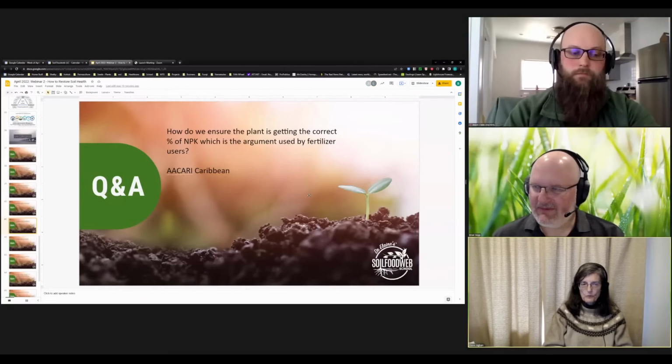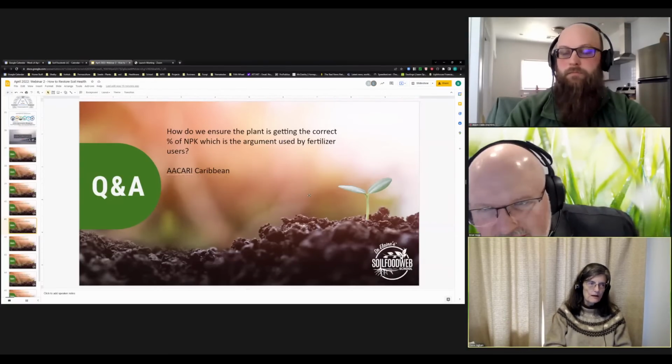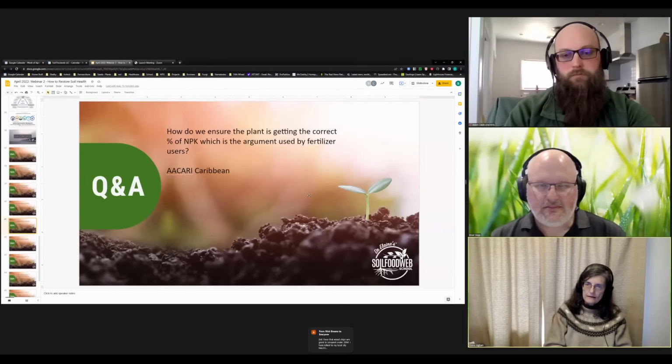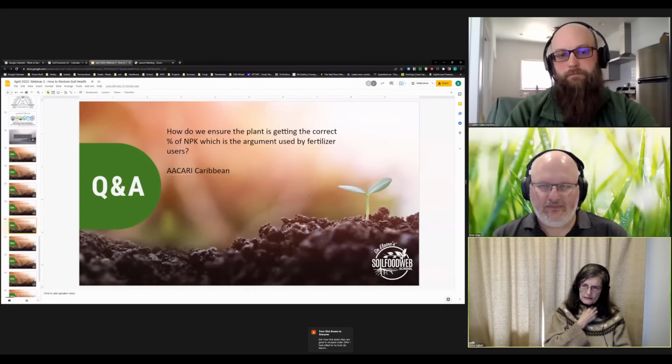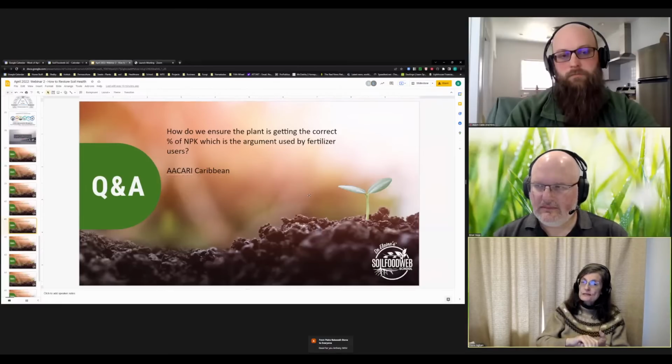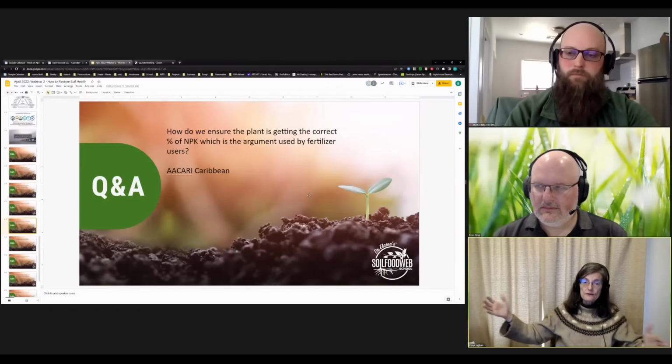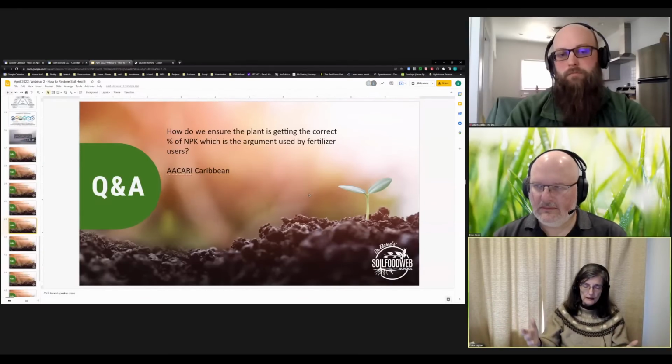Yeah, the way you ensure that the plant gets the food that it wants is let the plant decide. And in the system that nature has put together, she actually has 3 different mechanisms of getting the right NPK into the plant, balanced properly with all the other nutrients as well, not just NPK.